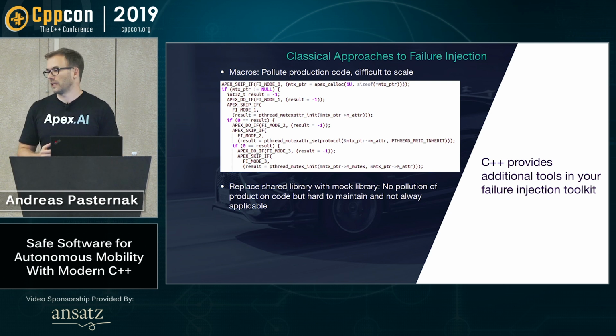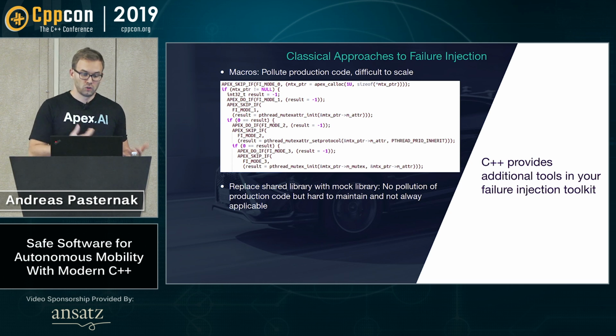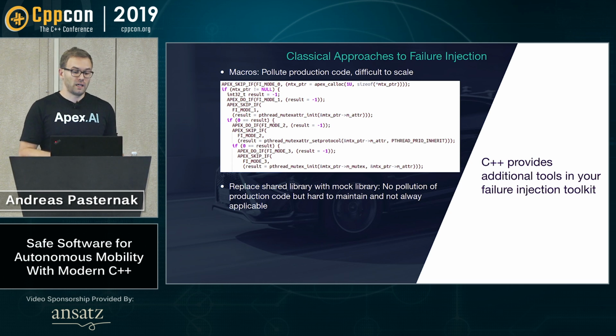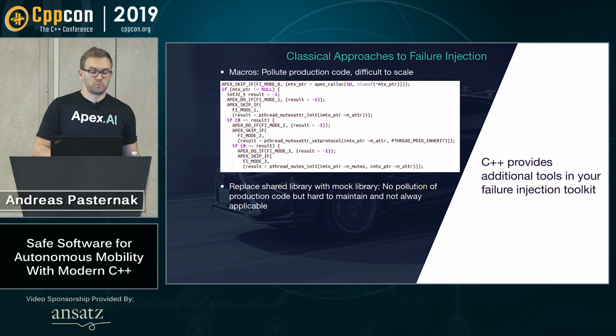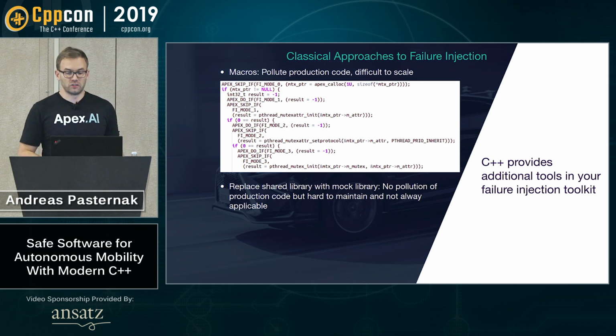That would work very nicely with pthread. You can write your own pthread mock, replace the shared library, and inject all the kinds of errors that you want. You have no pollution of production code, but it can be hard to maintain, and it's not always applicable because your application might not split up into shared libraries in a way that allows you to do that. And C++ provides some additional tools to help you with that.